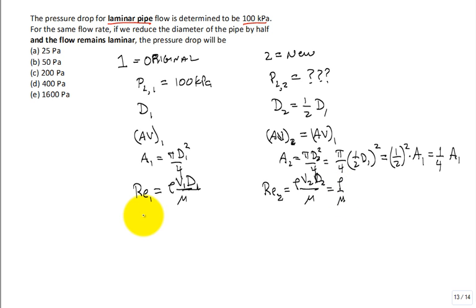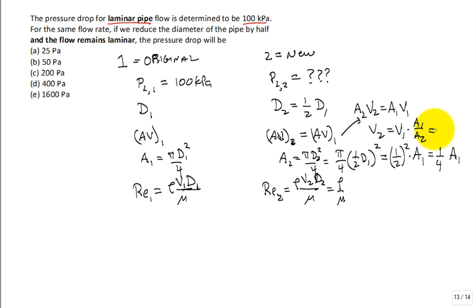Well, I need to work that out. I should have worked it out right now. If you come to this equation right here, V2 and A2 are equal to A1, V1. Hence, V2 is equal to V1 times A1 over A2. And we just worked out what A2 and A1 are.